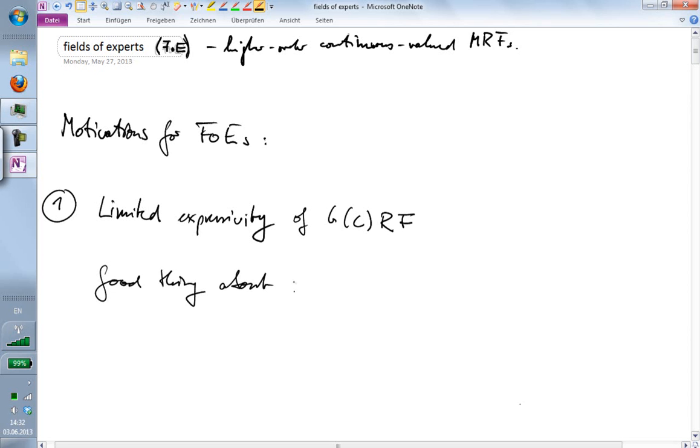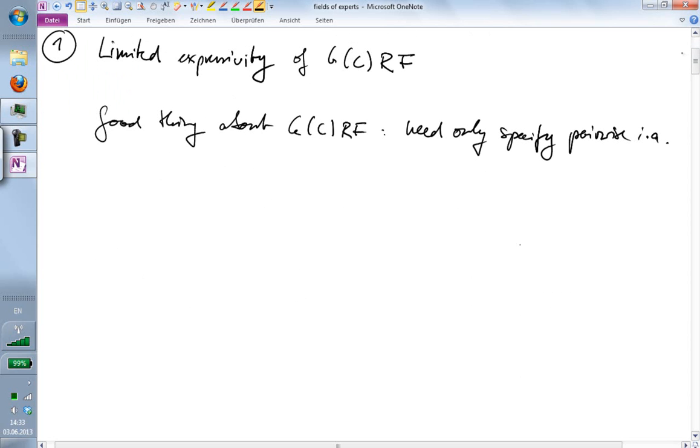The good thing about Gaussian random fields or Gaussian conditional random fields is that you need only specify pairwise interactions. And these interactions by construction are usually designed in a sparse fashion. So random variables talk to only a small subset of all others.